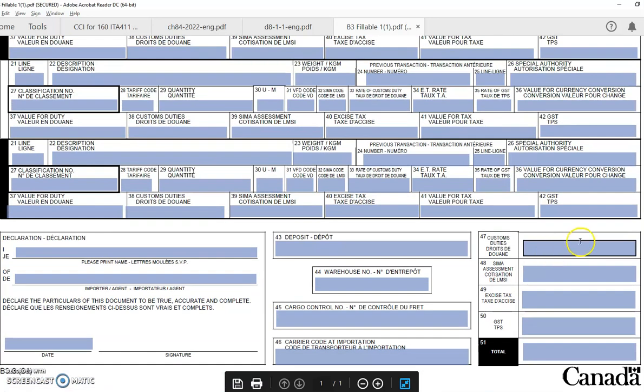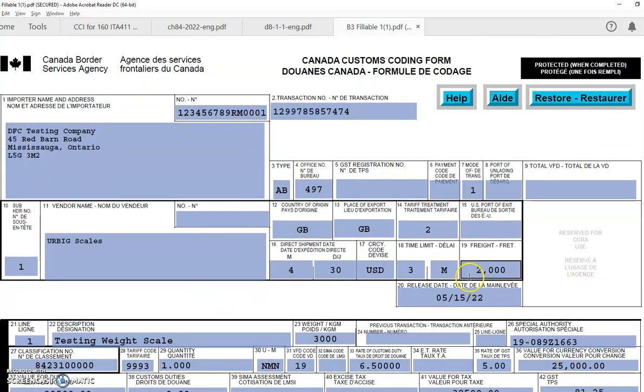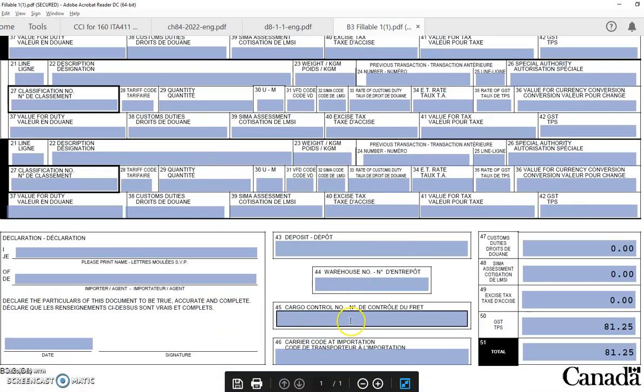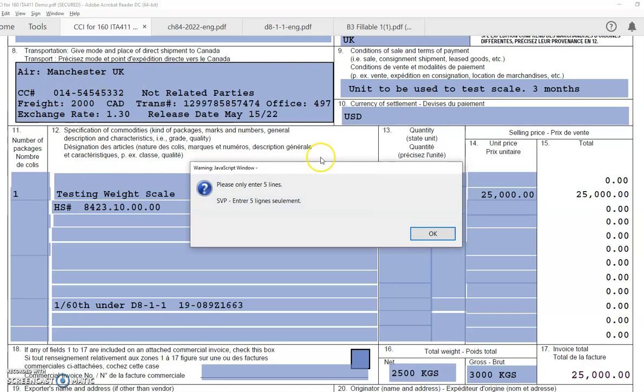Okay. All the rest you do normally. 0, 0, 0. 81.25, oops, 0. Don't be as sloppy as me. 0.00, 81.25, 81.25. We need to put down the Carl control number, which is right here.